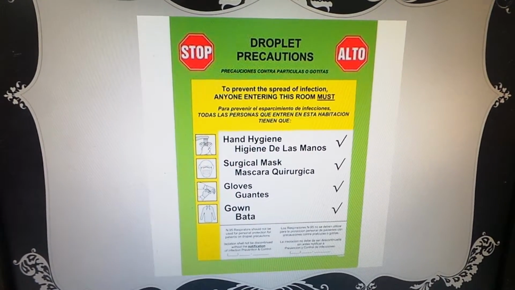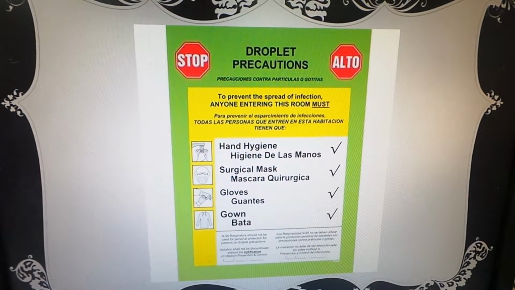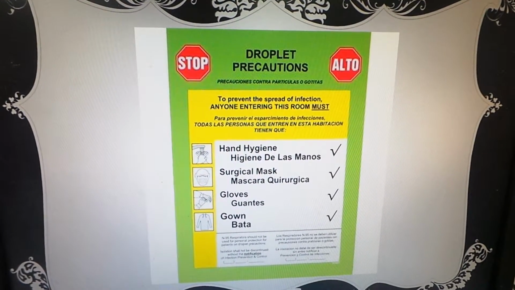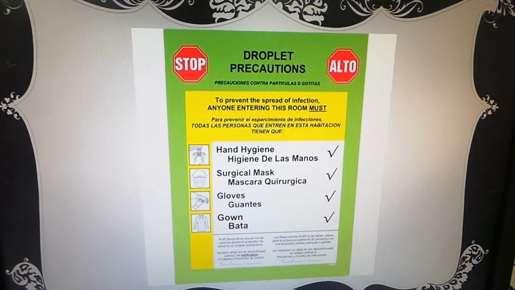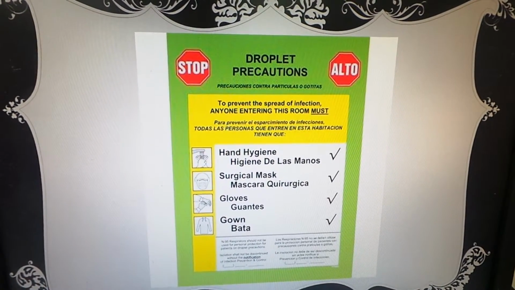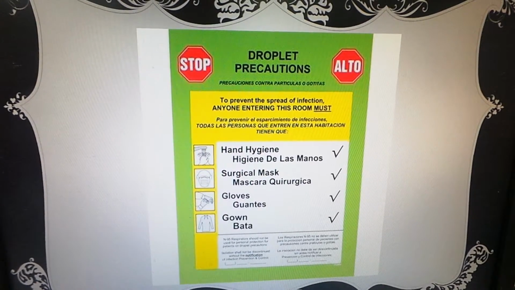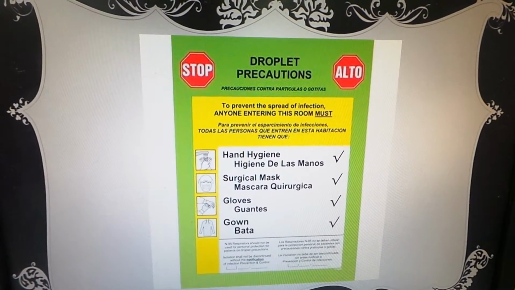That is the key for droplet precautions, 3 feet. These droplets can be deposited on the host's nasal mucosa, conjunctiva, or mouth. Diseases requiring droplet precautions include but are not limited to pertussis, influenza, diphtheria, and invasive Neisseria meningitis.